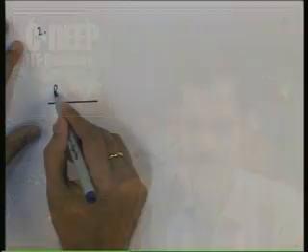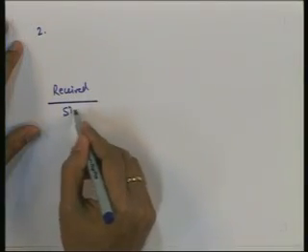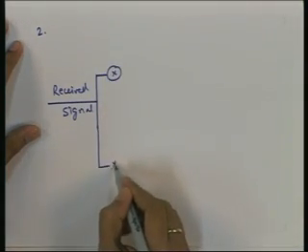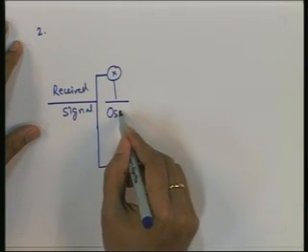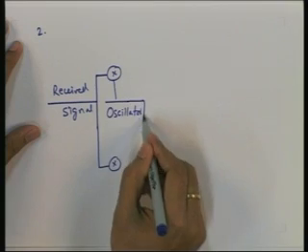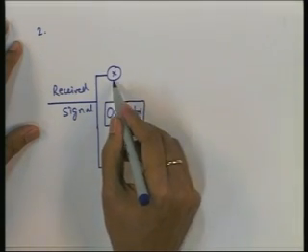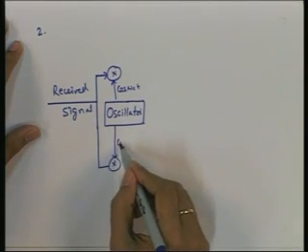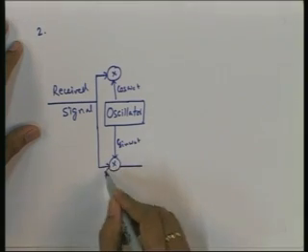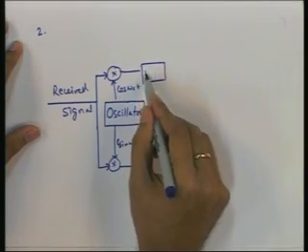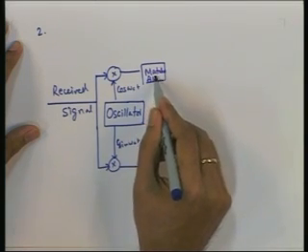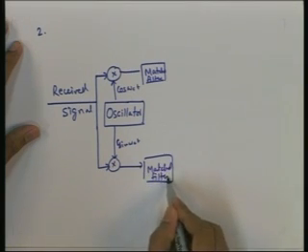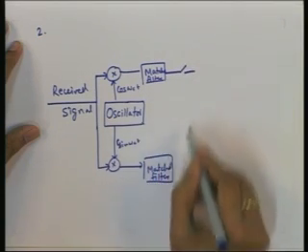we take the received signal, and from an oscillator we generate cos omega c t and sin omega c t, multiply, pass through matched filter and then sampler.